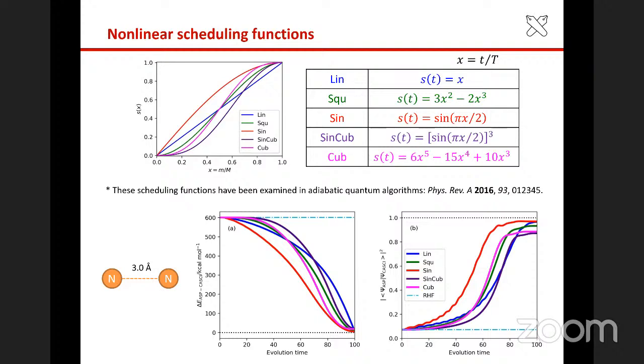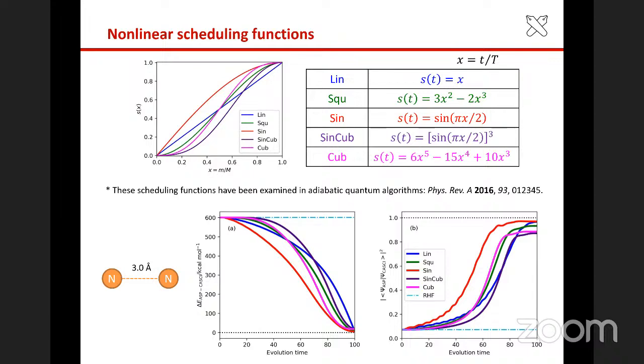If we use the linear schedule, this is the change of the energy, and this is the change of the overlap with the full CI wave function. As you can see, there are some differences depending on the scheduling function. Actually, the best performance can be obtained by using this sinusoidal function because the overlap becomes larger and also converges very fast compared with other approaches.